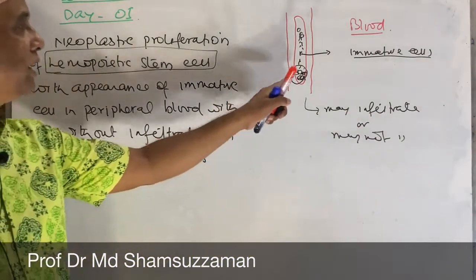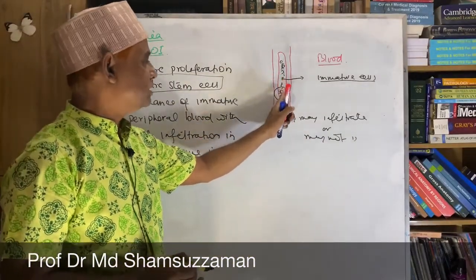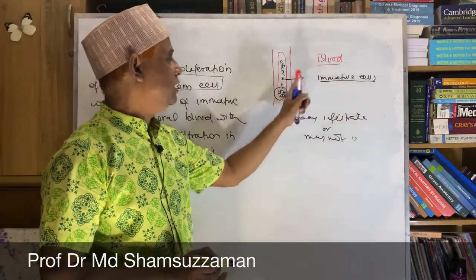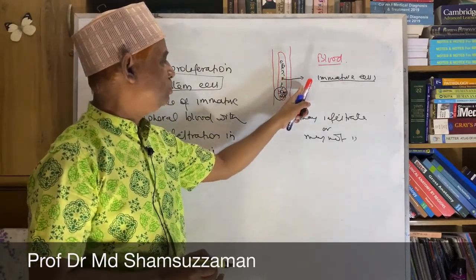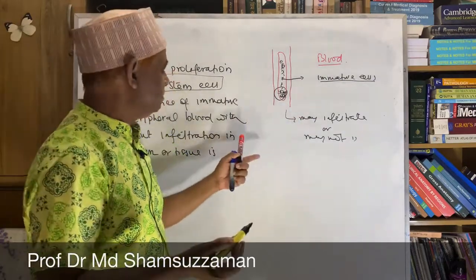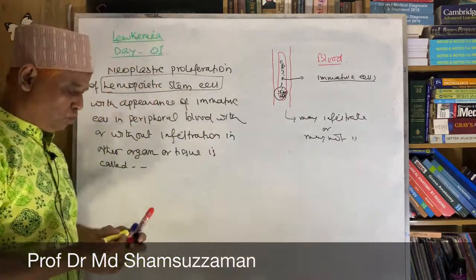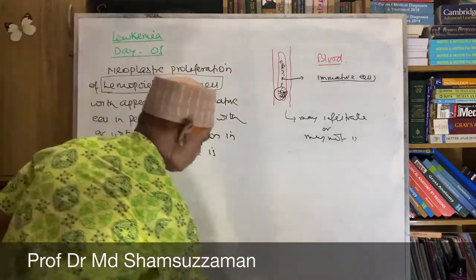So it is the cancer of the hematopoietic stem cell in bone marrow. Due to cancer, immature cell comes in blood, and these leukemic cells may infiltrate other organ or tissue, either it infiltrates or it does not. It is called leukemia by definition.